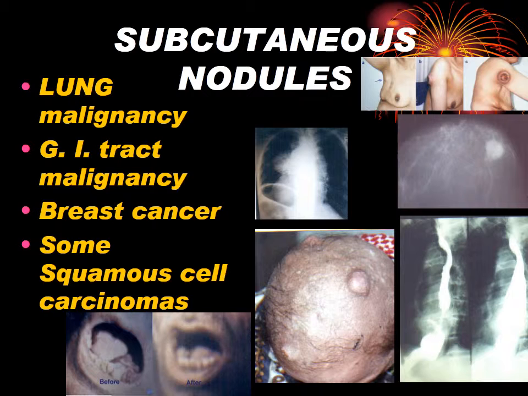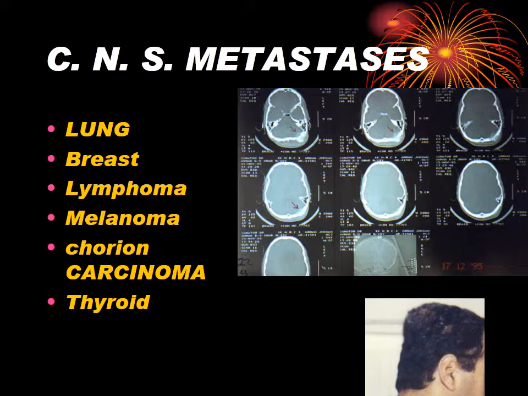Subcutaneous nodules are seen in lung malignancy, in GI tract malignancy, breast cancer, and some squamous cell carcinomas. You can see here carcinoma of the floor of the mouth, here subcutaneous metastasis from CA lung, and here cancer of the breast, and this subcutaneous mass is from CA breast, and this is carcinoma of the esophagus.